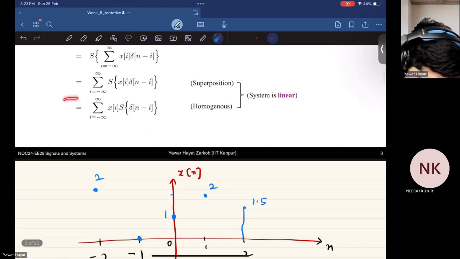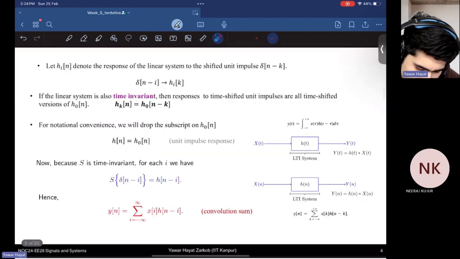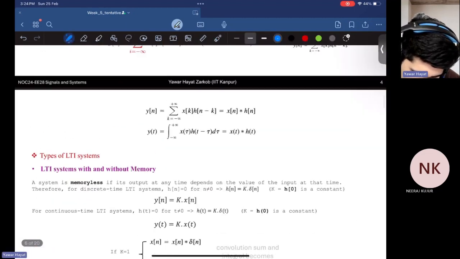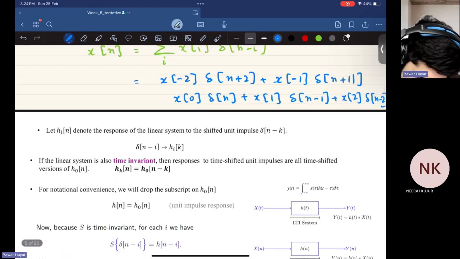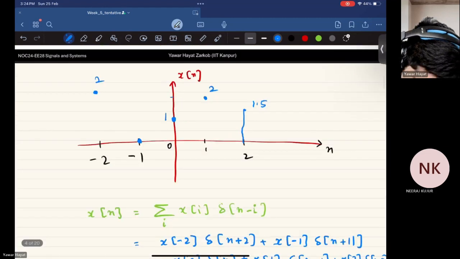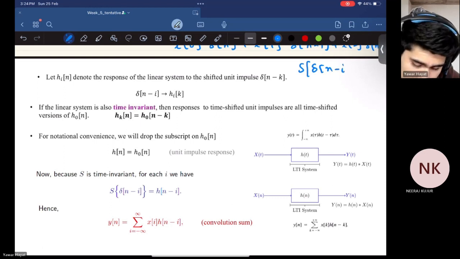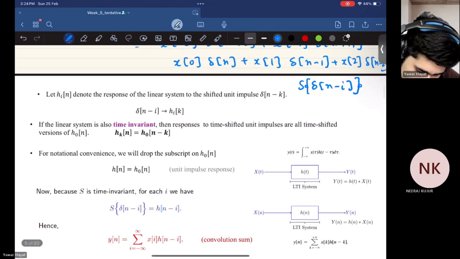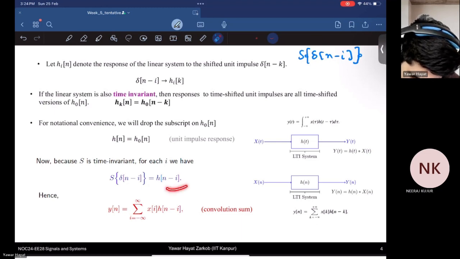So basically we needed to find an expression for S of delta of n minus i, right?